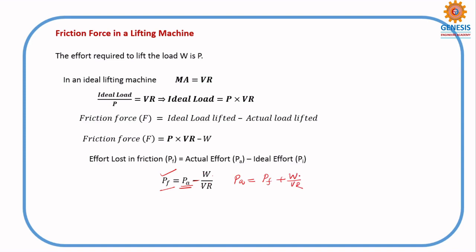So this is the mechanical advantage that I have taken. Actual is more because of this friction, which means you have to apply more effort. So this is all about the fundamentals in simple machines, so-called lifting machines.